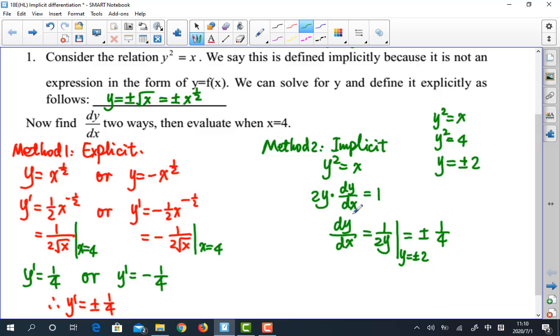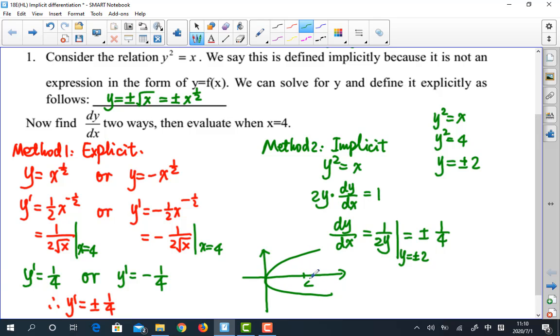So after we applied the implicit differentiation, we still can find the same results. So for this relation, if I want to graph the tangent to the curve at x equals 4, I can graph too. If you use decimals, those technology graphing tools to help you, when you graph it, this graph looks like this one.